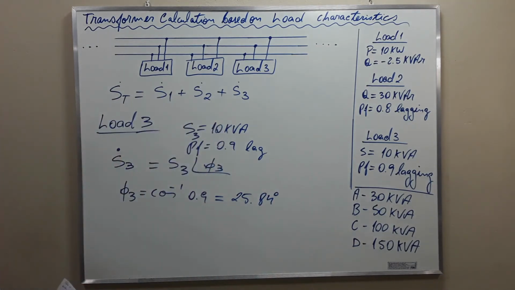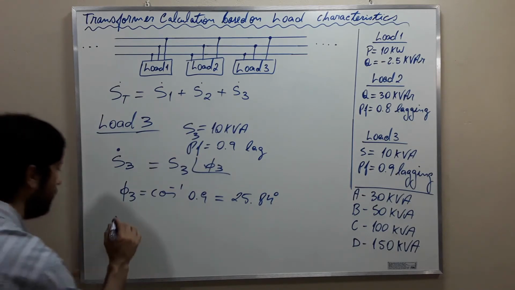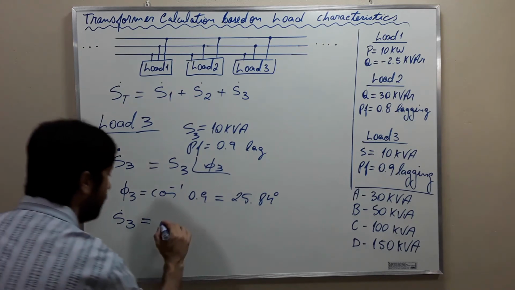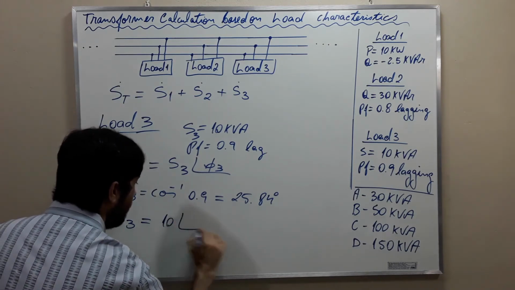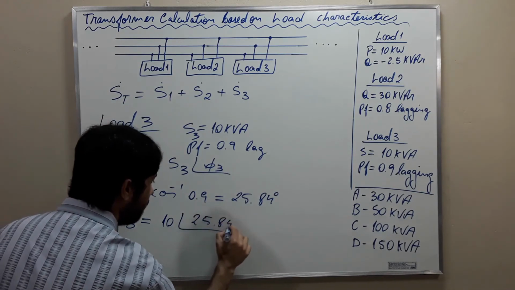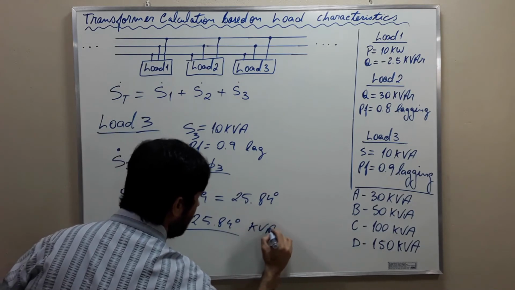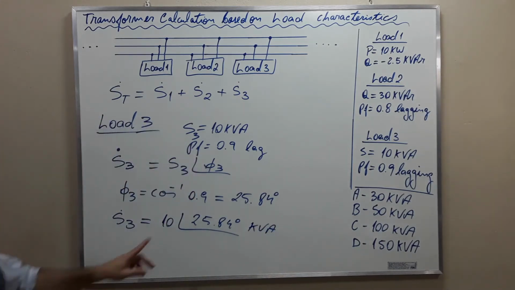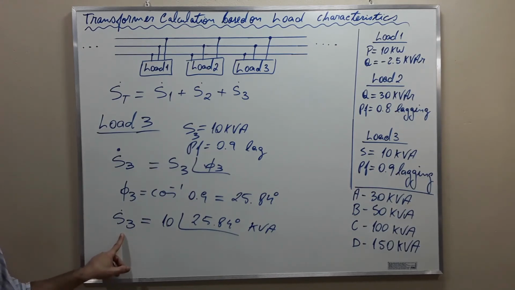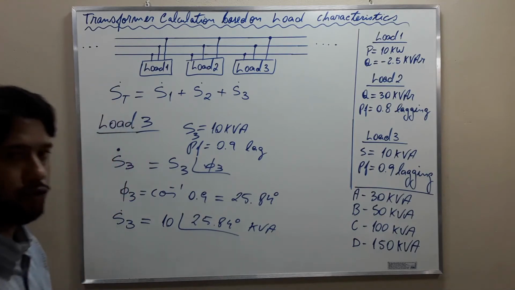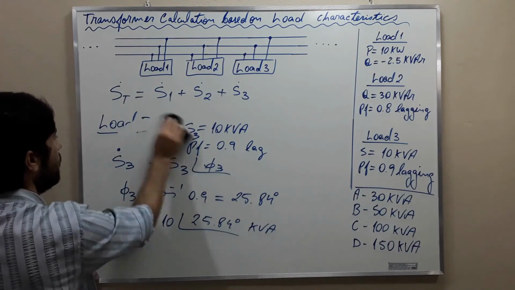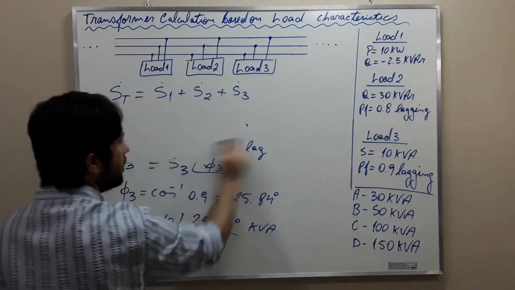Then the complex power S3 is equal to the apparent power 10 at an angle 25.84 degrees kVA. Okay, this is the apparent power for load 3, and this is the complex power for load 3. Now what we need to do is to sum them up. We are going to sum them all, and then we are going to find what the problem wants us to find.